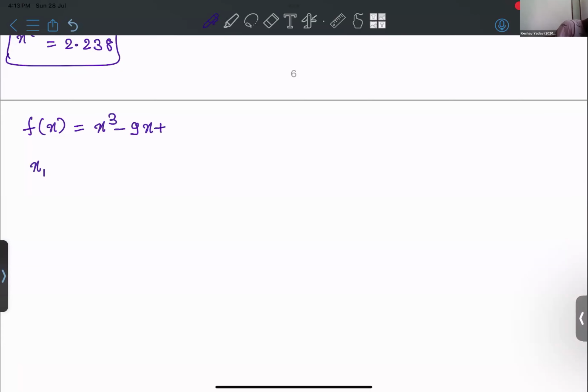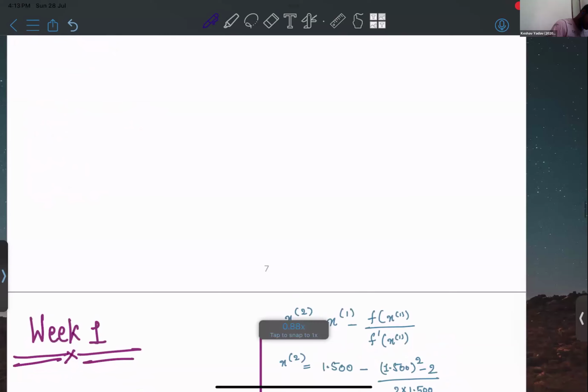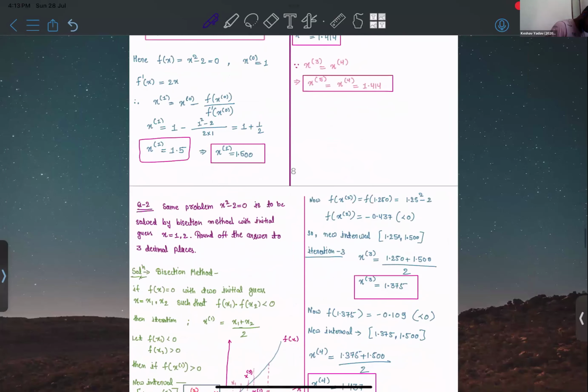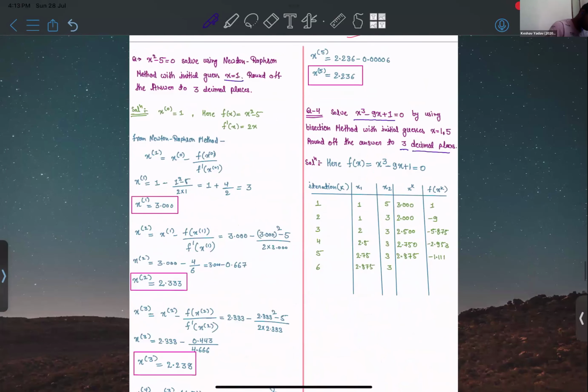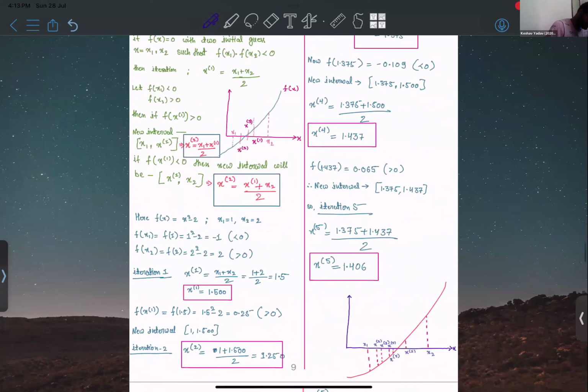What was the initial guess? x1 of 0 was 1, x2 of 0 was 5. By using the bisection method, we should solve this problem. So x cube minus 9x plus 1.